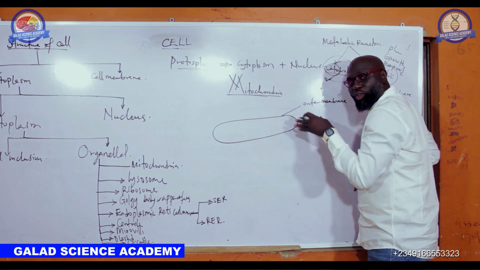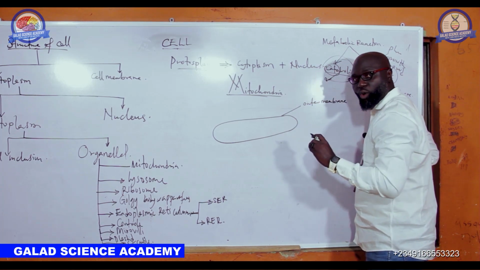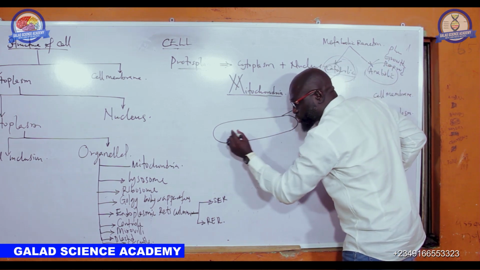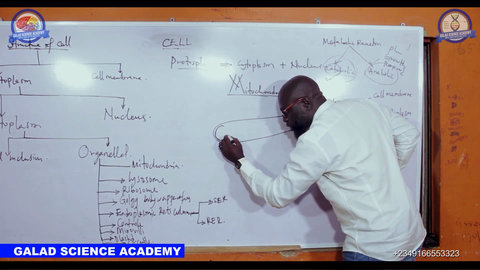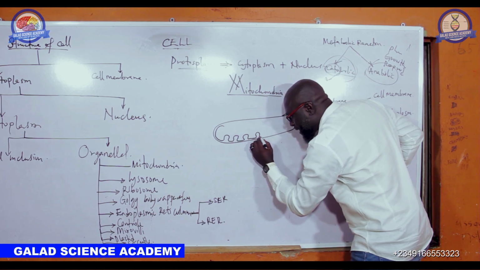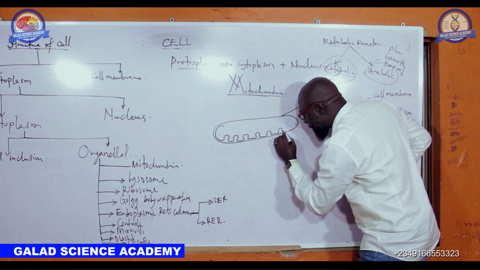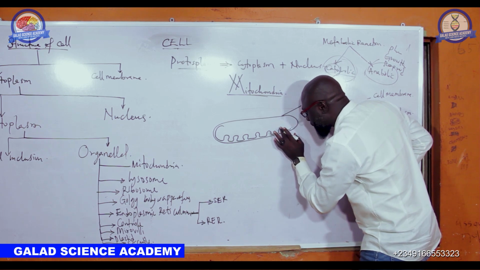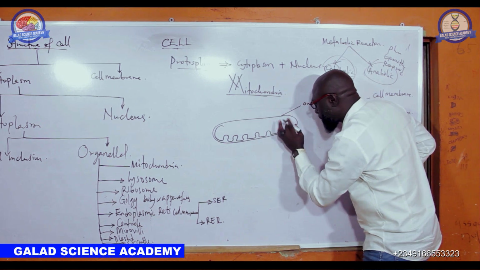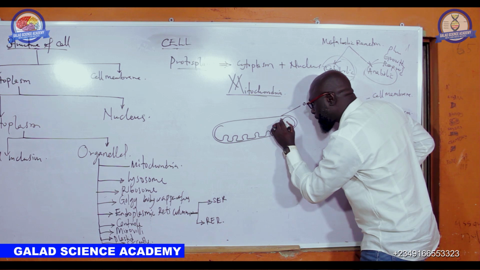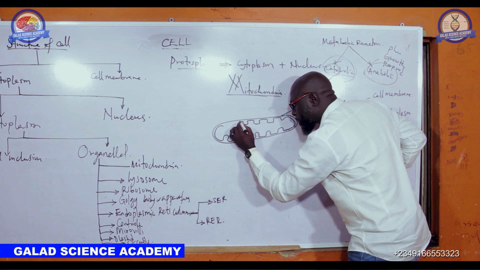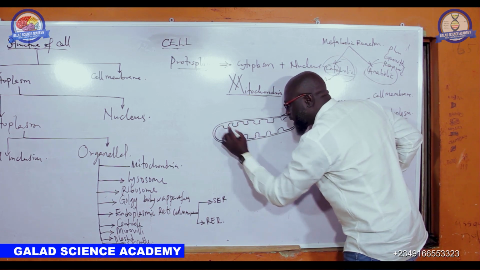The inner membrane of the mitochondria is a fold-like structure, or a finger-like structure. It looks like a finger.